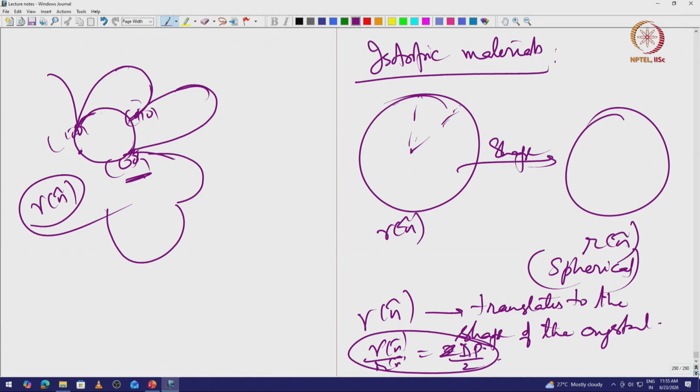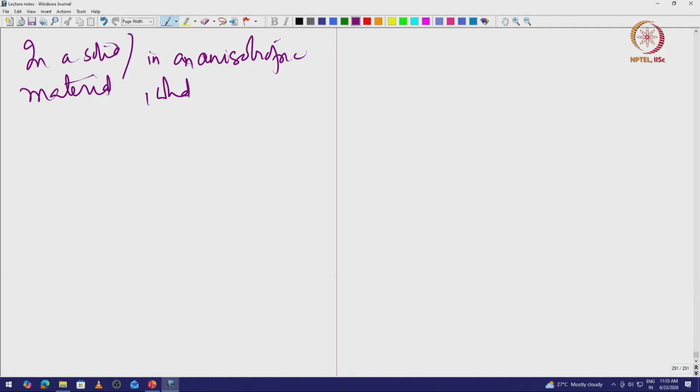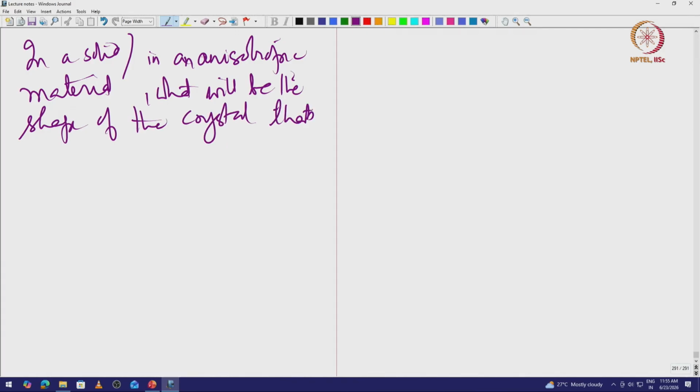Now, I am saying in a solid, or in an anisotropic material, what will be the shape of the crystal that crystallizes in bulk?